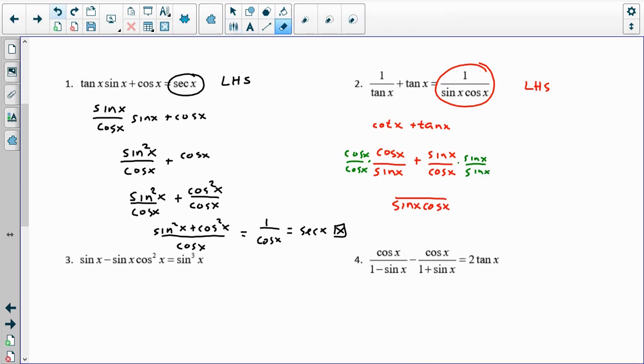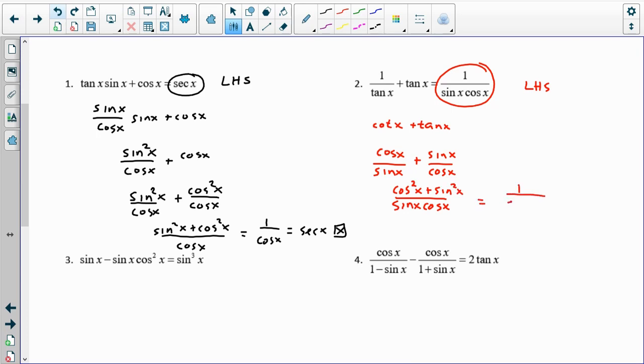So when I do that, I end up getting cosine squared plus sine squared. And I know that cosine squared plus sine squared is 1 because of the Pythagorean identities. And that exactly equals the right-hand side. So that's problem 2.